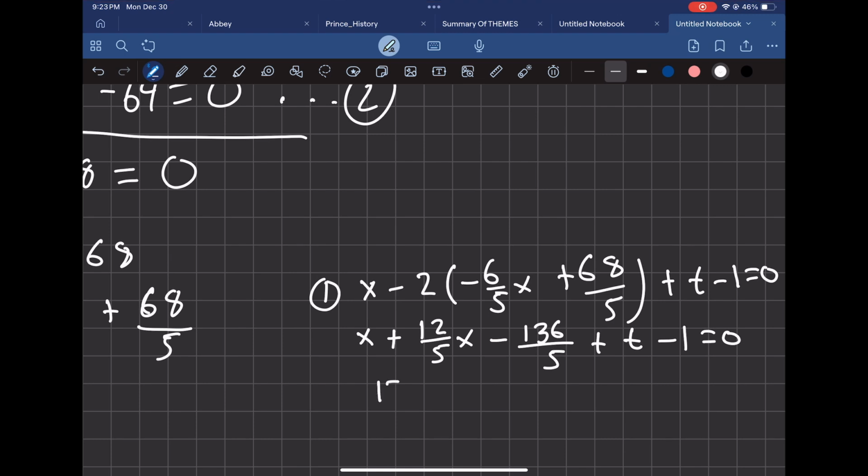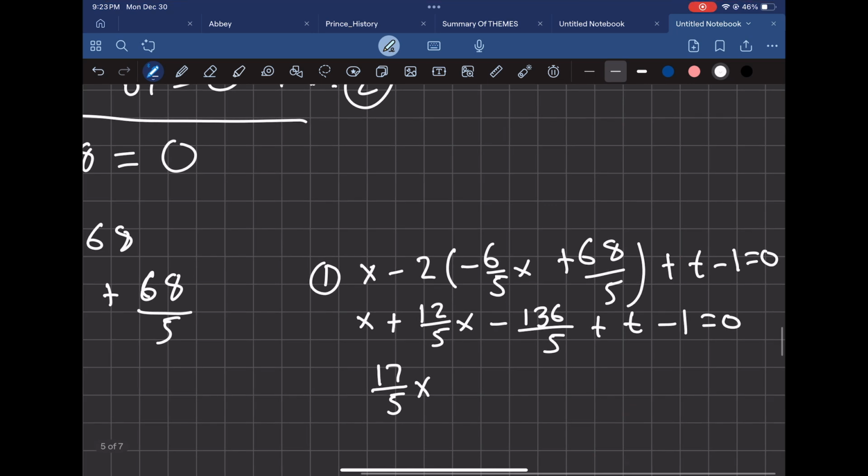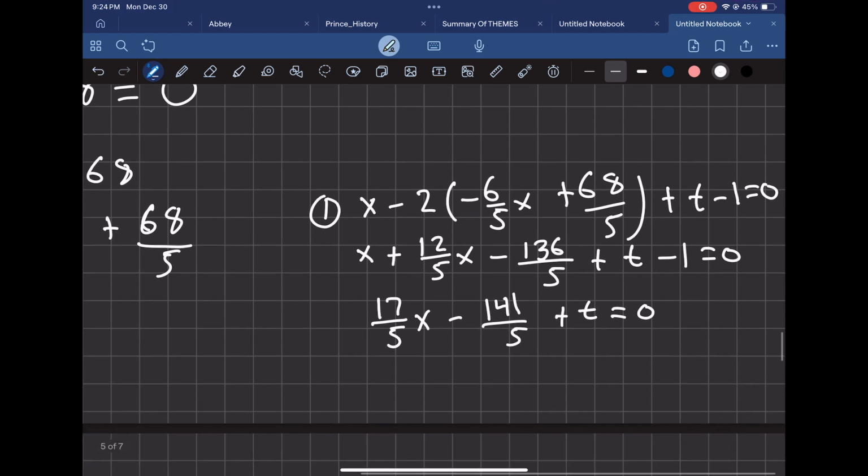So this is 17 over 5x. Negative 136 over 5 minus 1, that's the same thing as negative 5 over 5. So that would be negative 141 over 5 plus t.